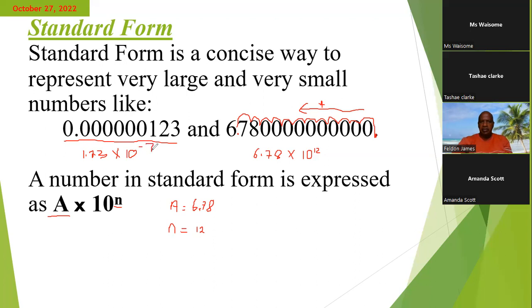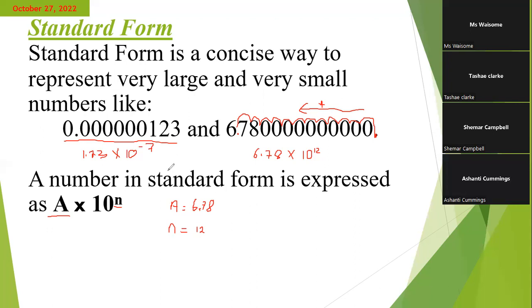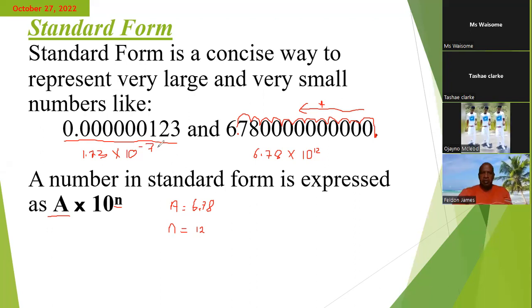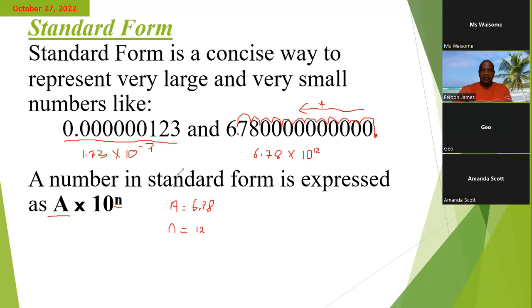Is there anybody else who actually got that number? Let me see your hand. All right. So if you follow the procedure as we did before, you should get this number, 1.23 times 10 to the negative 7.